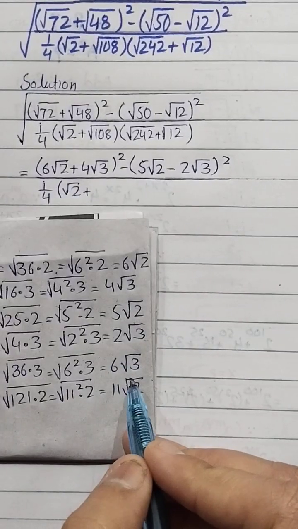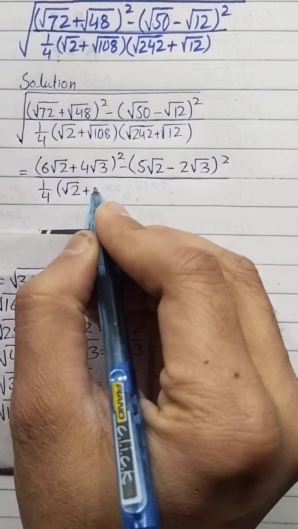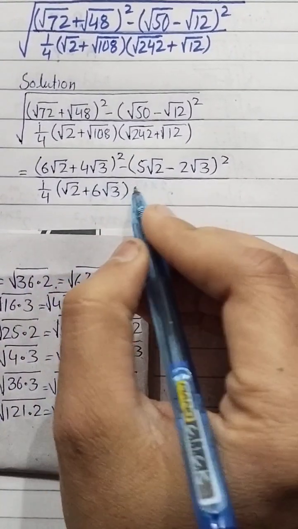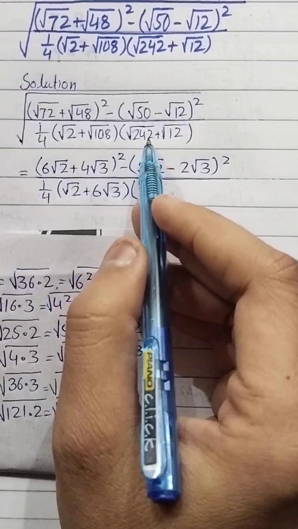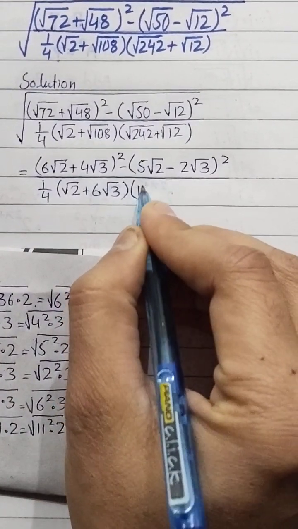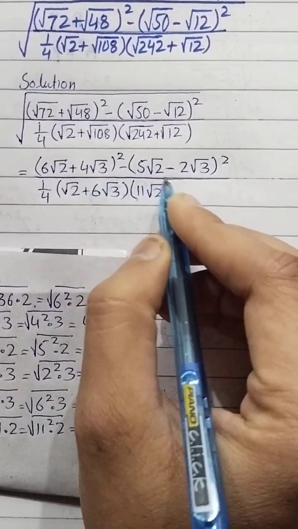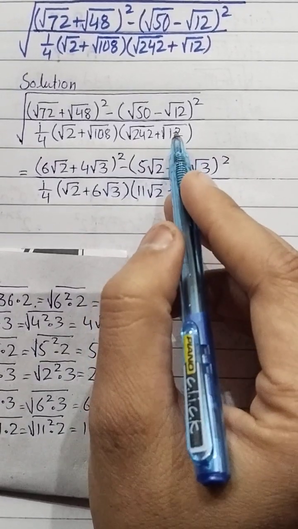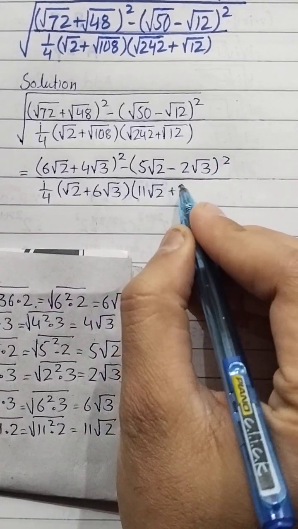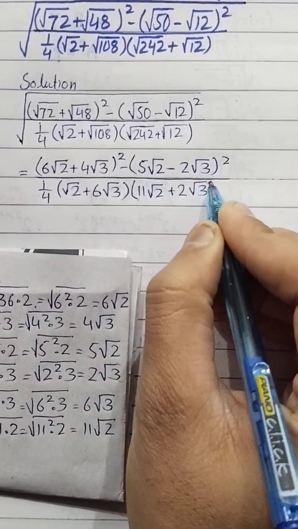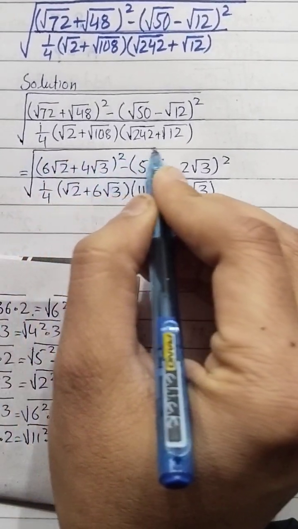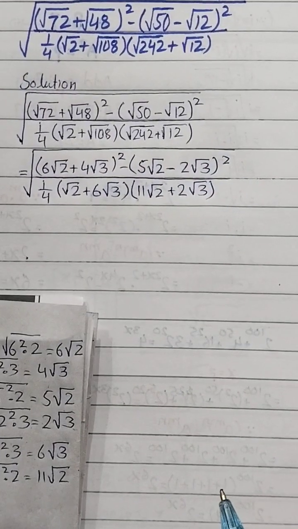So I will write 6 under root of 3, times under root 242, which can be written as 11 under root 2, plus this under root 12, which can be written as 2 root 3, like this, and then the whole under root, or whole square root, like this.